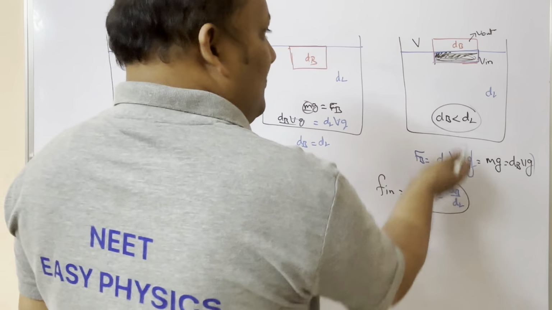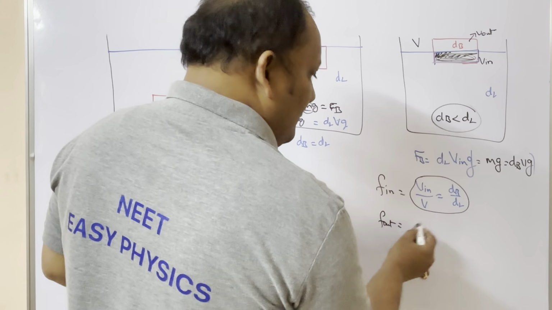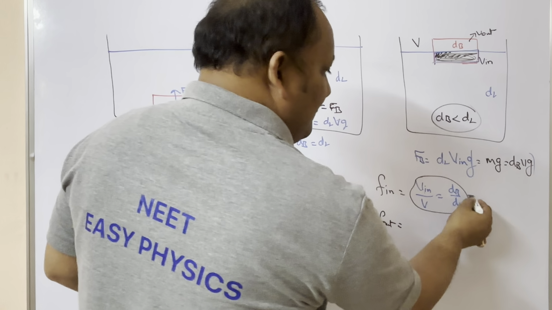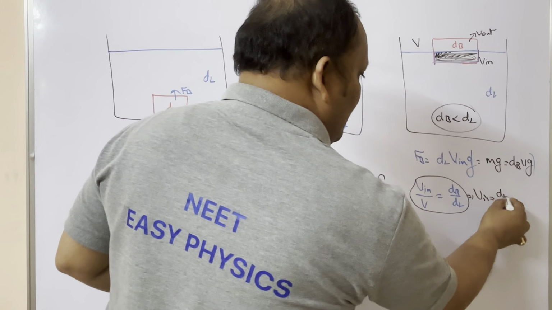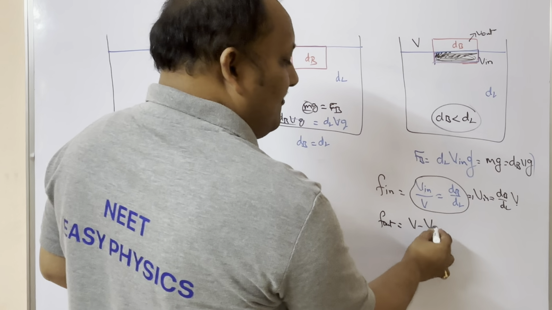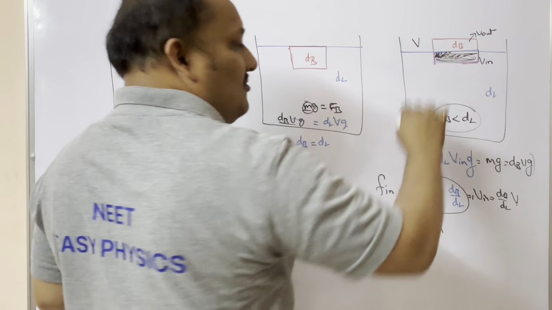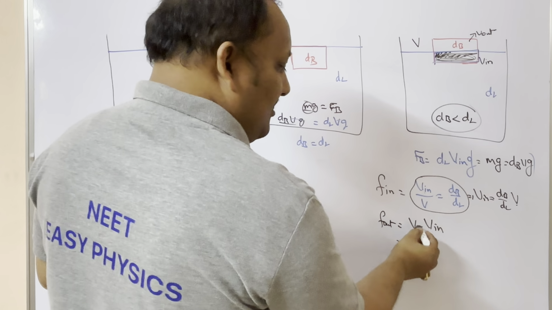Now what is the fraction of volume outside? Fraction of volume outside means, so this is V in. From this, V in is equal to dB by dl times V. Fraction of volume outside means V minus V in. Total volume minus the volume inside. So what is the volume?